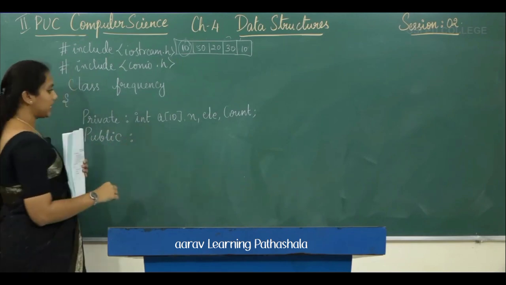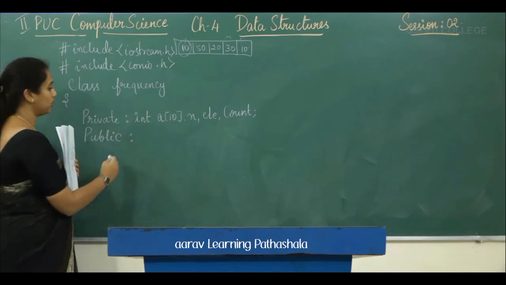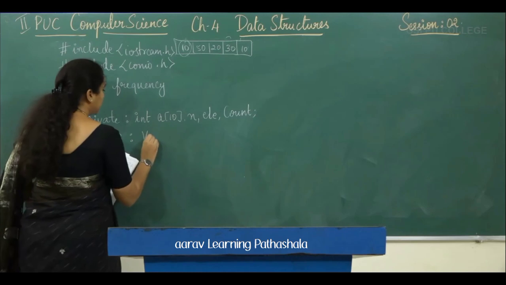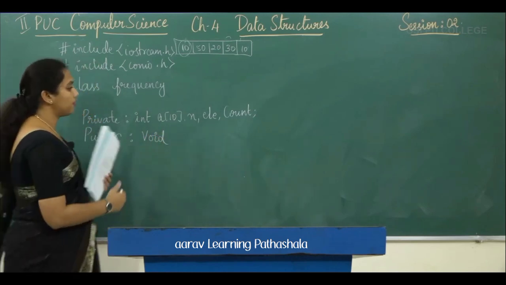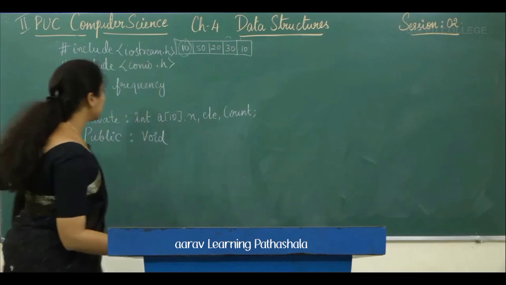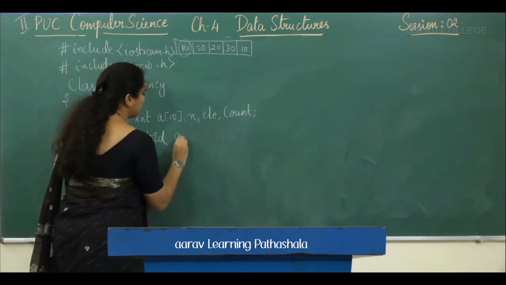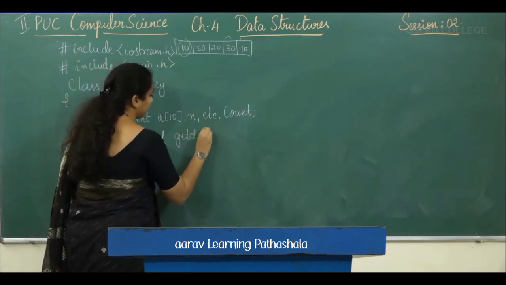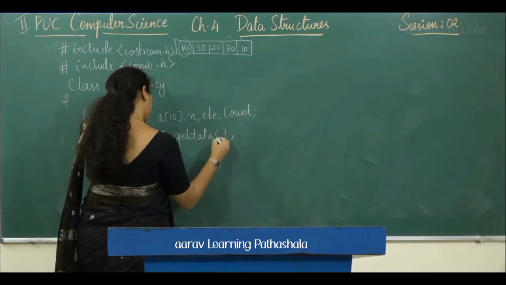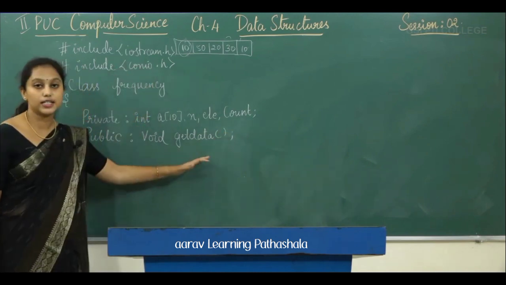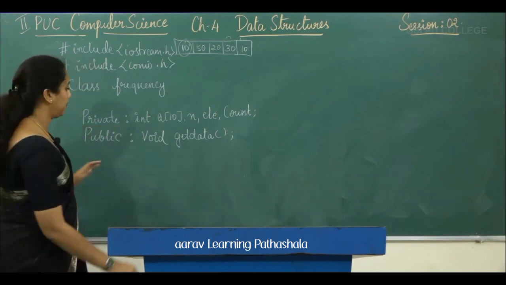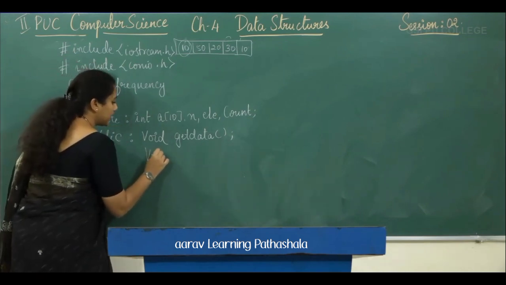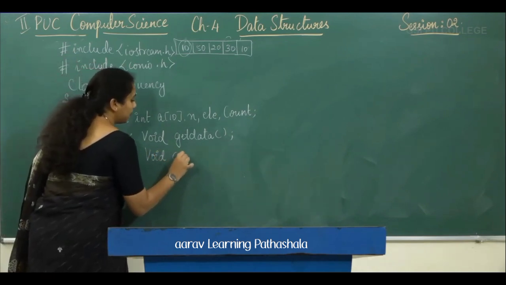Next, public. In the public section, I am going to declare the member functions. So what are the member functions we require? That is void getdata. The getdata function is used to accept the values from the user. The next function is void compute.